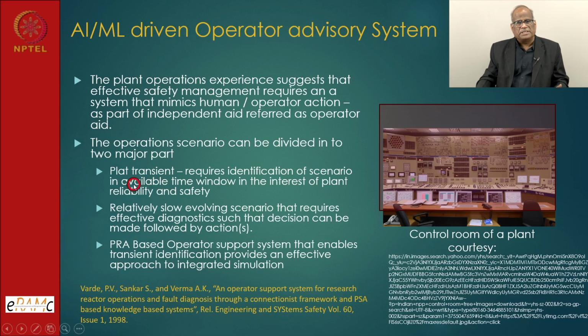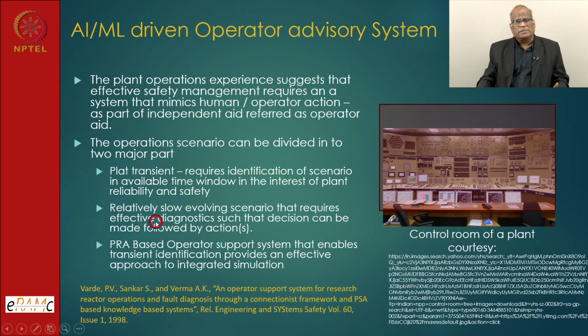This happens in a very short time, and for that you require an effective system. So here AI plays a very important role, like artificial neural networks, which have the capacity to perform this procedure and process the signals in parallel and identify the plant state. So that is one thing.